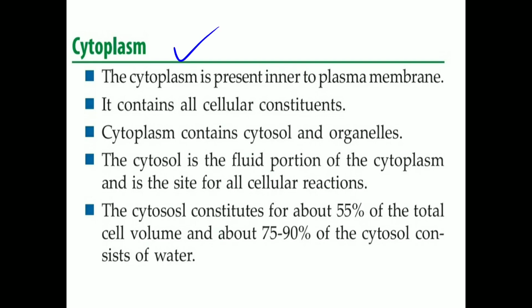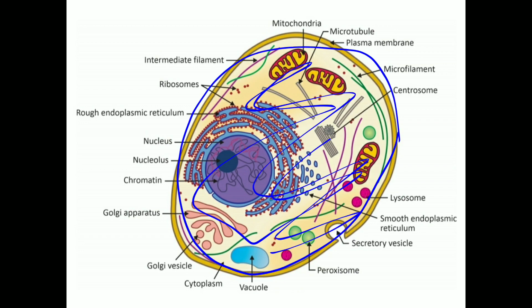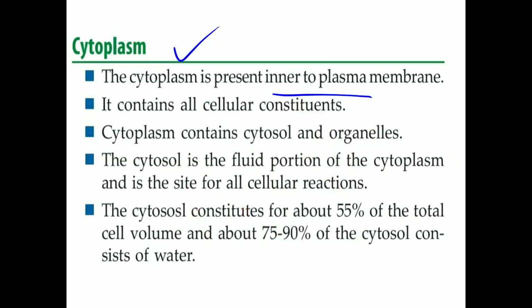Next is cytoplasm. This is present inner to the plasma membrane, and it contains all cellular constituents. The cytoplasm consists of cytosol and organelles. Cytosol is the fluid portion of the cytoplasm, and this is the site for all cellular reactions.